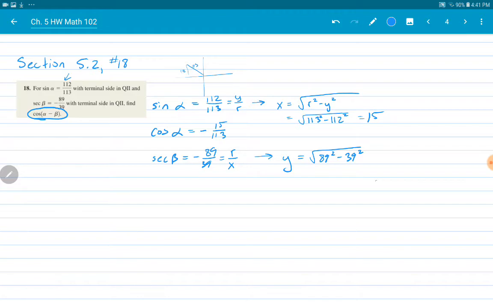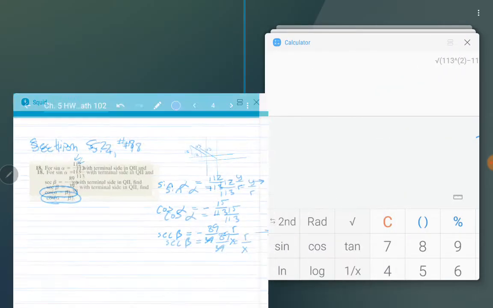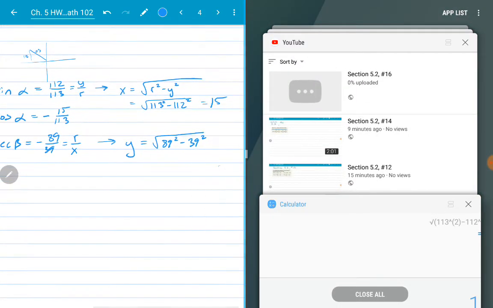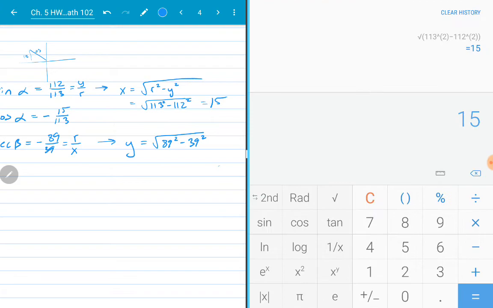And again, I think this is calculator worthy. Square root of 89 squared minus 39 squared, close the square root, and I get 80.